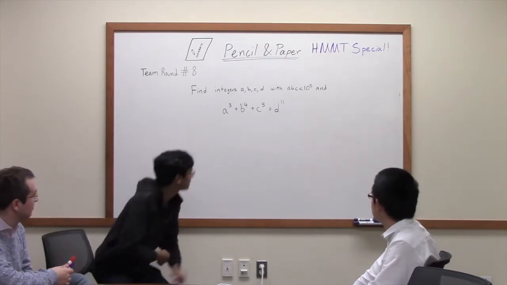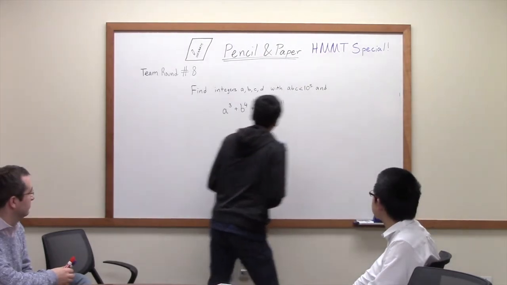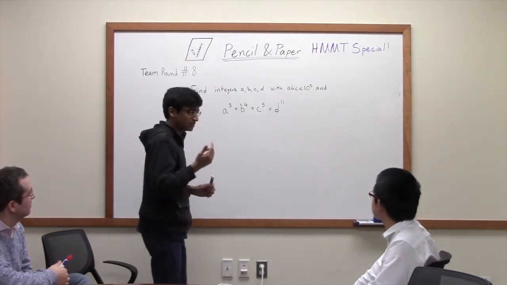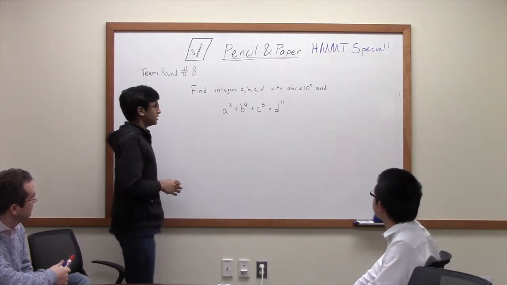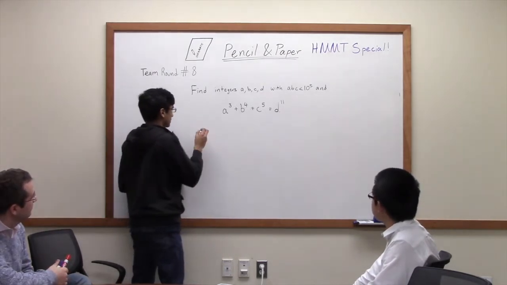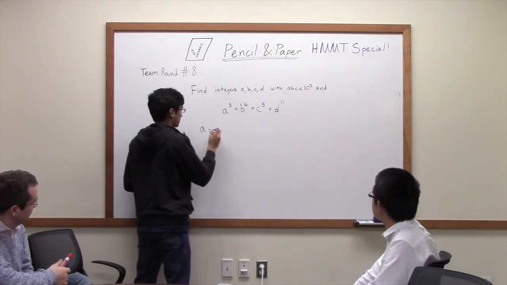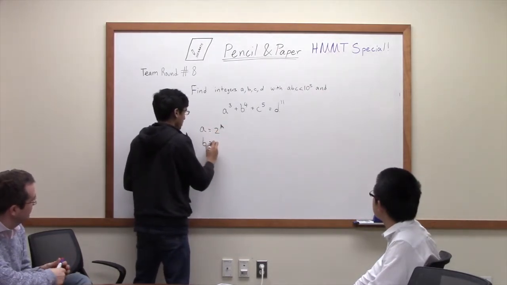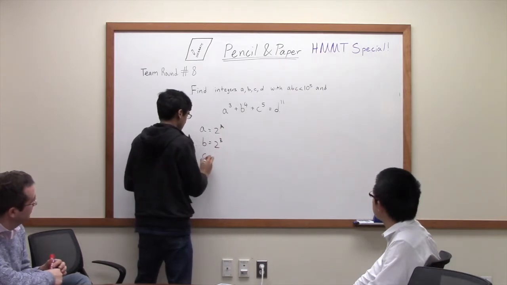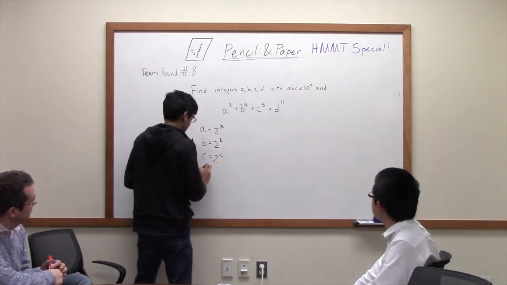One nice thing about powers of 2 is that if you add two identical powers of 2, you get the next one. So let's call a equals 2 to the power of big A, b equals 2 to the power of big B, and similarly for c and d.